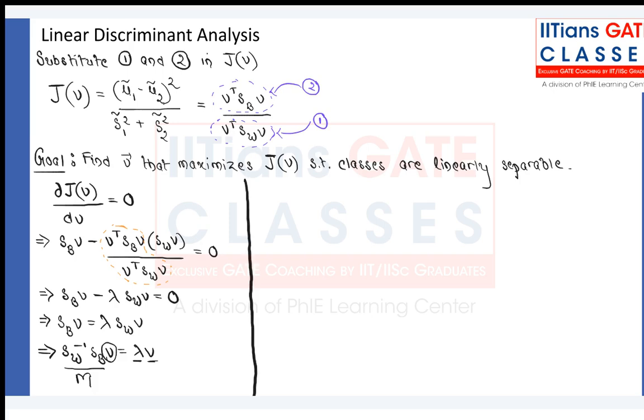We try to find the eigenvalues of this matrix M, and the eigenvectors that we get are nothing but the unit vectors that point towards the direction of the projected line that maximizes the separation between the two classes. That was a mouthful, but that was all that I was trying to speak since the past 40 minutes.